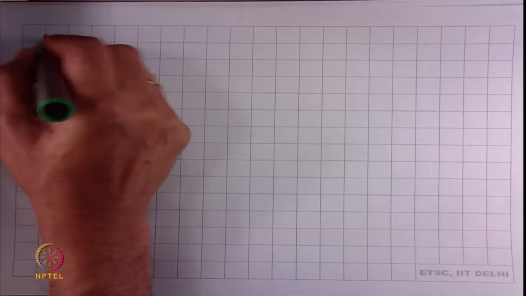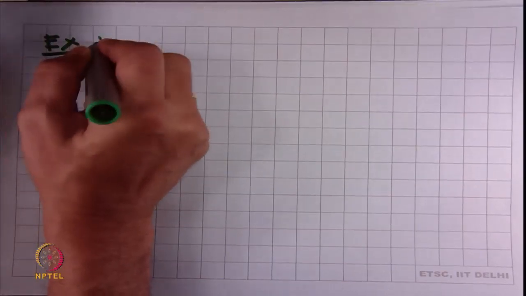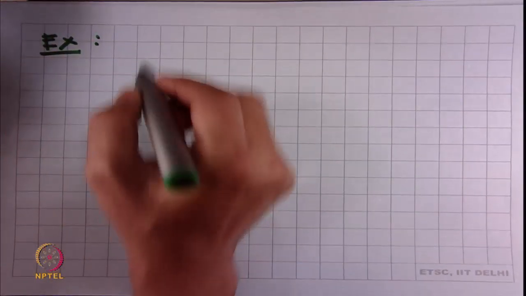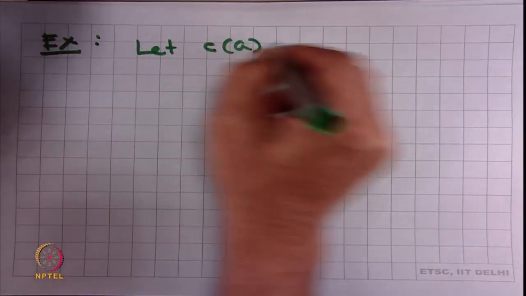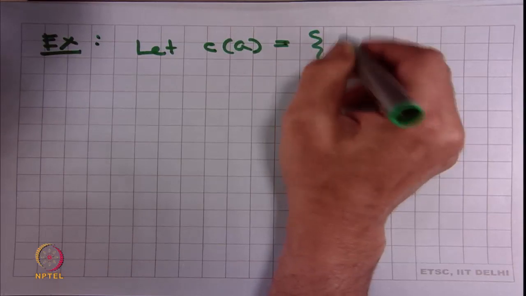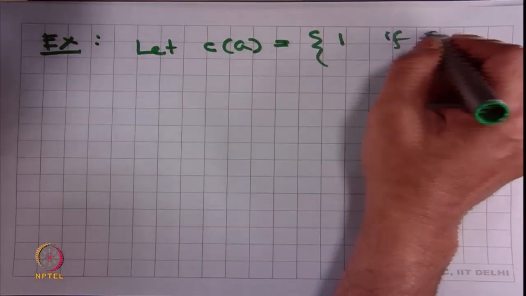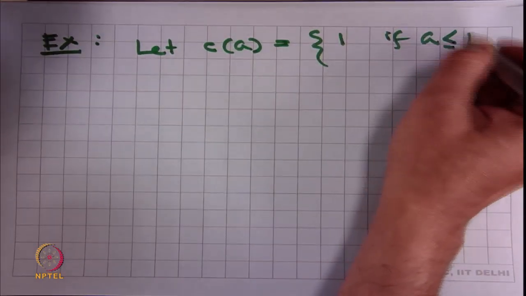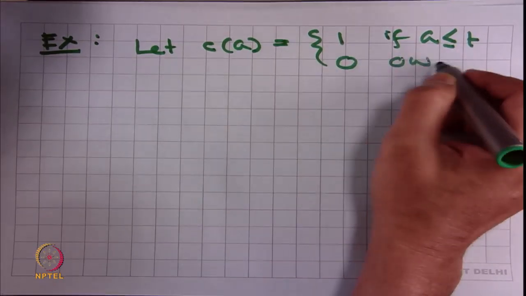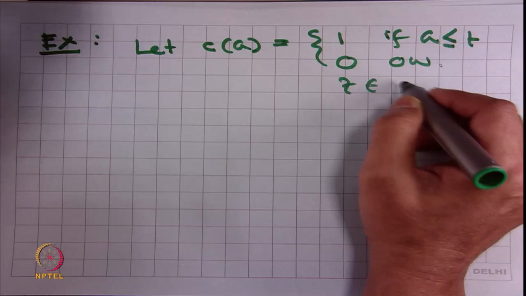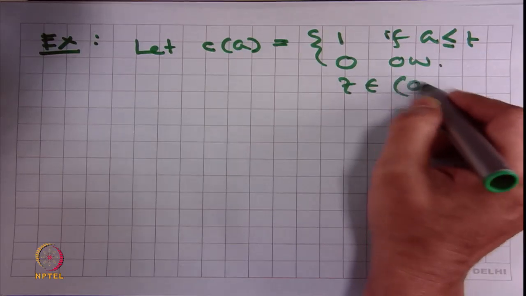Examples: let C of A be equal to 1 if A is less than or equal to T, and 0 otherwise, where T belongs to [0, 1].